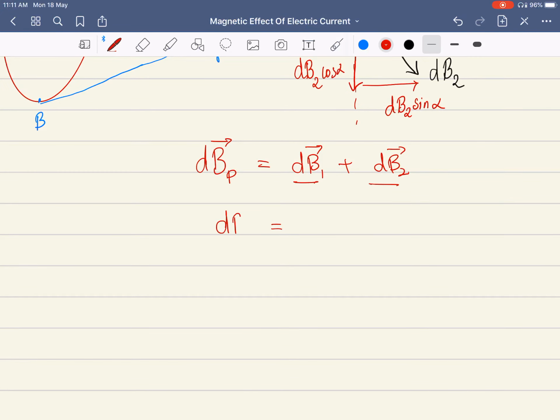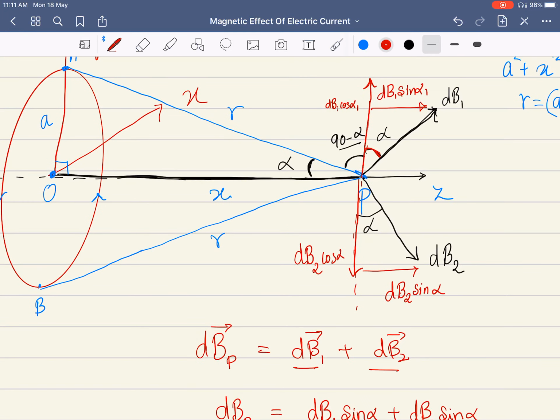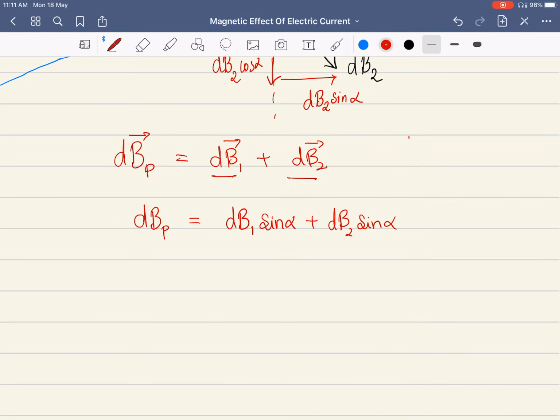So delta B at point P is delta B1 sin alpha plus delta B2 sin alpha. Now the magnitude of magnetic field at point P because of A and B will remain the same because of the symmetry. Both are at equal distance, both are carrying the same current, and both are subtending the same angle. So delta B1 will be equal to delta B2.